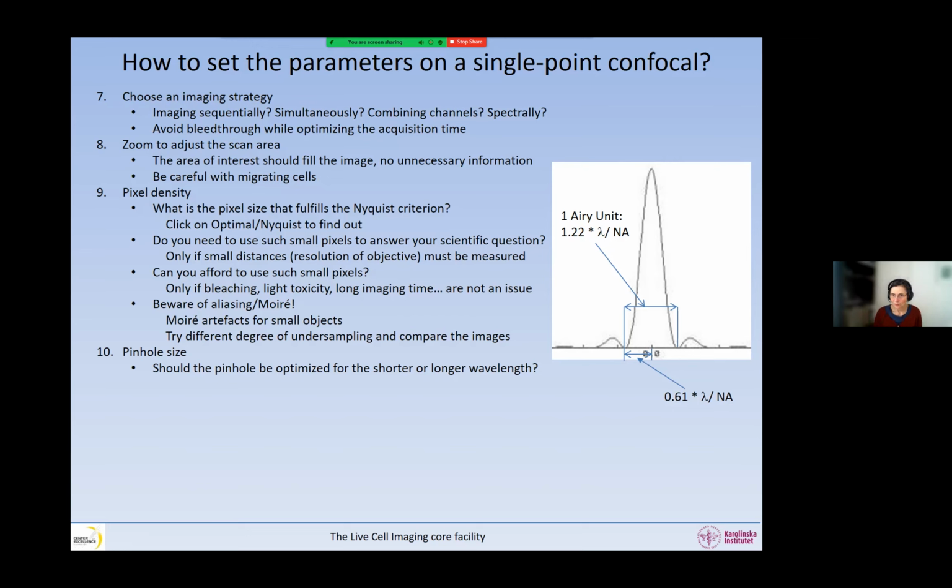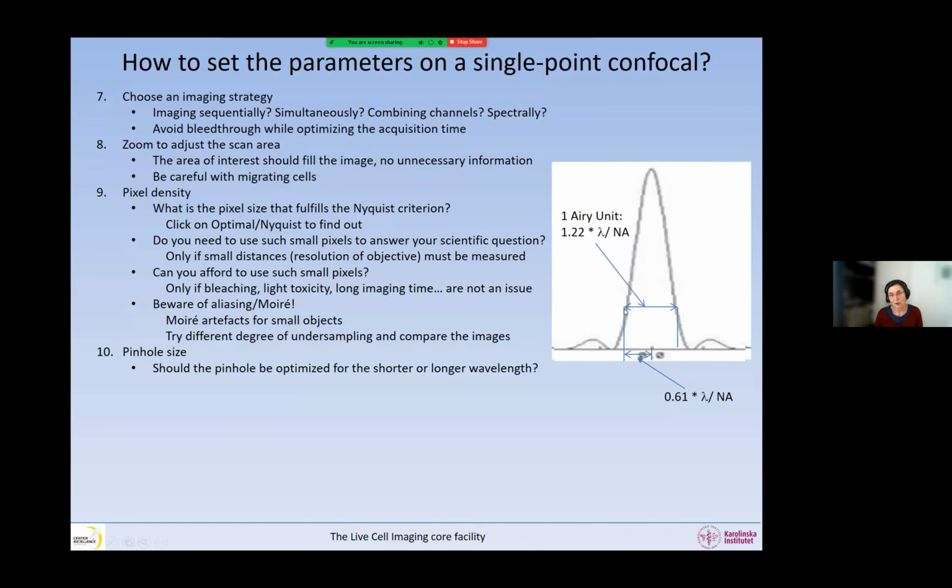Okay, and that closes and opens the pinhole depending on the wavelength, because now we have, for example, this could be the point spread function for blue, and now I also have a far red fluorophore, and the longer wavelength, you remember, longer wavelength, lower resolution. It's a longer wavelength that gives a bigger point spread function. So maybe the point spread function with the far red is going to look like this.